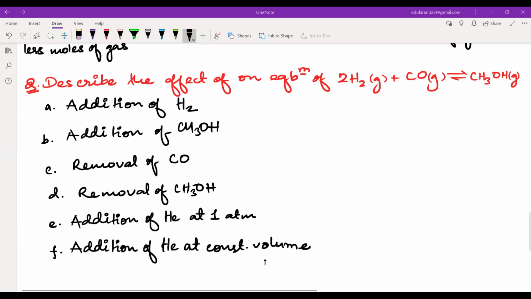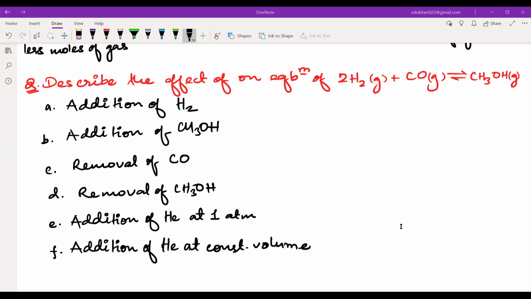In the last class we discussed these. Yes or no? Yes, sir. So there are two things. You can go the completely first principle way of thinking, or, if you remember the effect of adding reactant and adding product, you can use those also. If you want me to start with the very basic first principle concept, then I will say that when we have an equilibrium, the system wants to sustain the equilibrium.